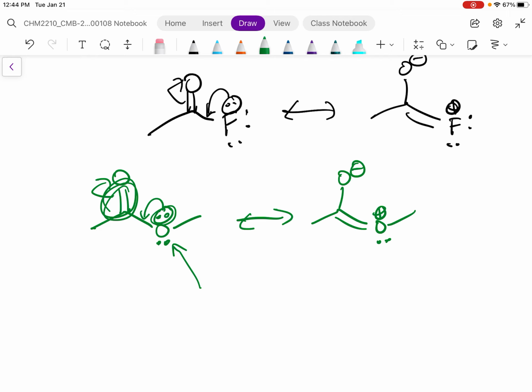I'm not going to write these rules out for you. You can go to your textbook after class and look at this. But you need to know that these rules exist.